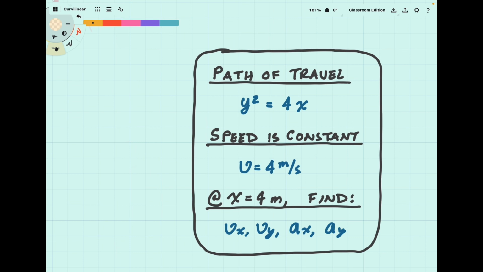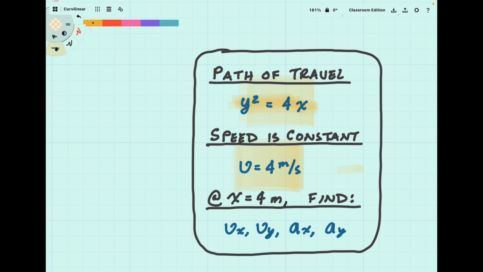And the prime reason for that is our position here is given as, well, it's just y, y is a function of x. And then we're given a constant velocity as well. Now, what that's basically saying, well, the particle is definitely moving. It's moving along that path.